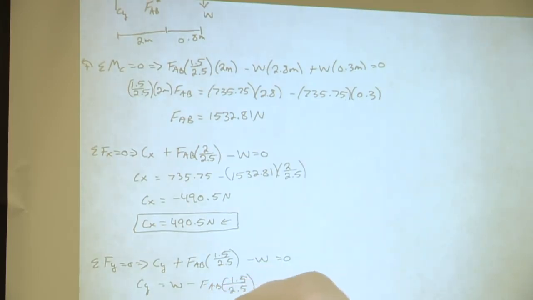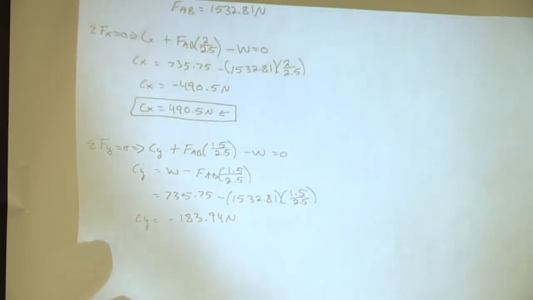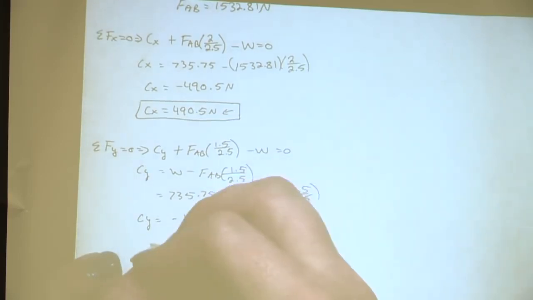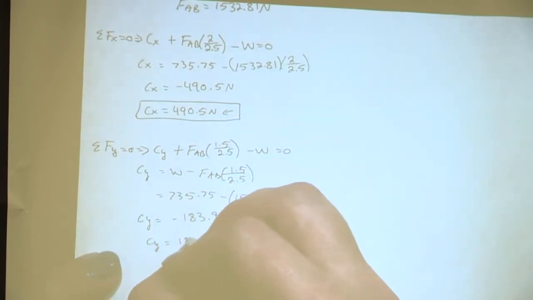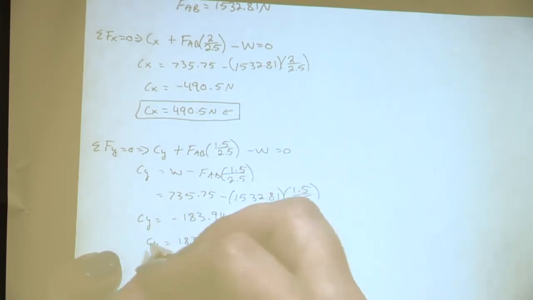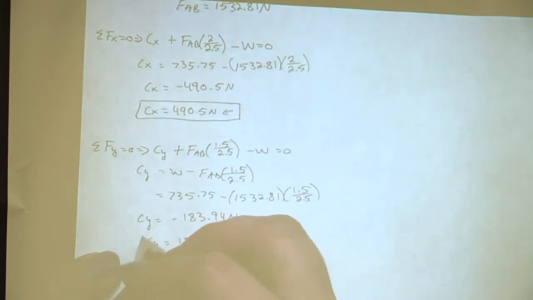Okay, so we get negative 183.94 newtons. And what does that negative sign mean? It means that it's opposite of our convention, the direction we thought it was. Okay, awesome. So that means it's opposite of our positive convention. So which way is it actually going? Down. Awesome. And now, is this one of the things we were trying to find? Yes. So go ahead and put a box around that.